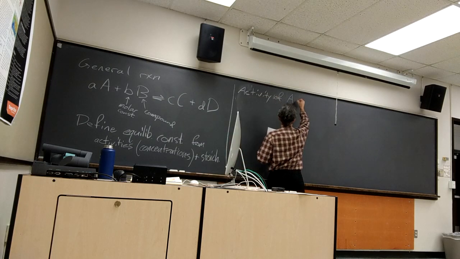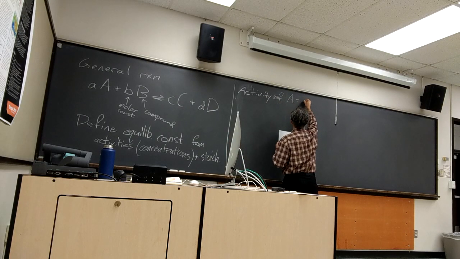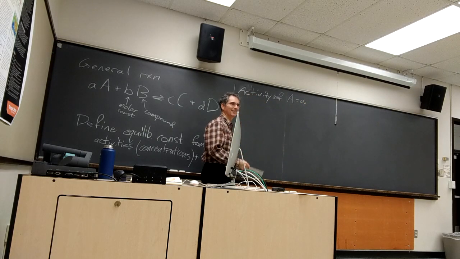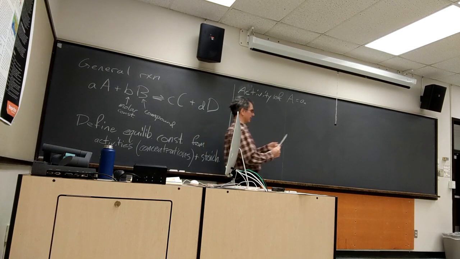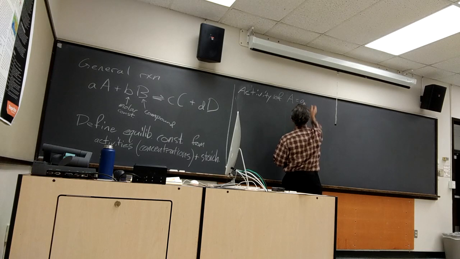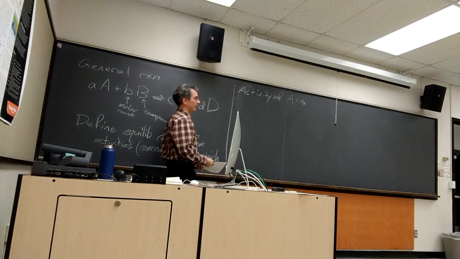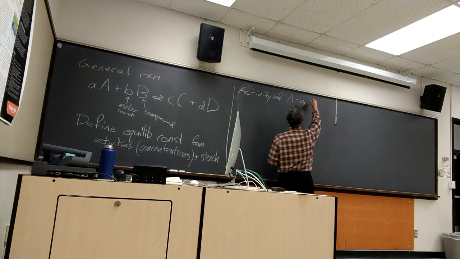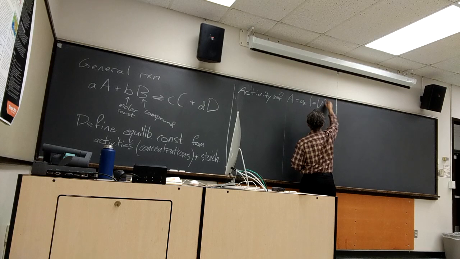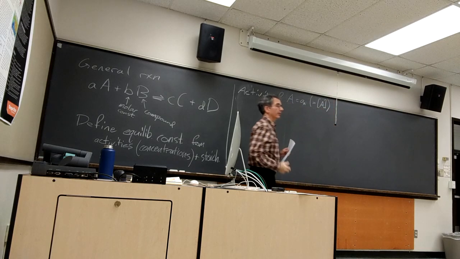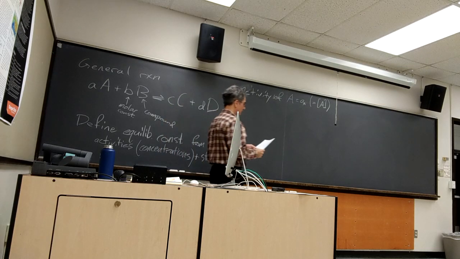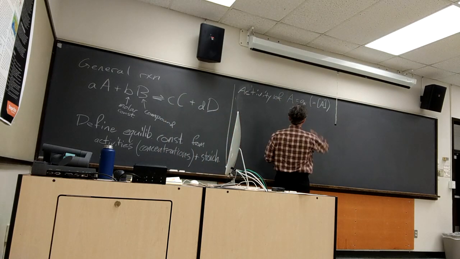The activity of A is, unfortunately, a sub A. Or wait, did I get that right? No, a sub capital A. And again, most of the time usually that's equal to the concentration of A, where concentration is denoted by the square brackets. And so activity is dimensionless.